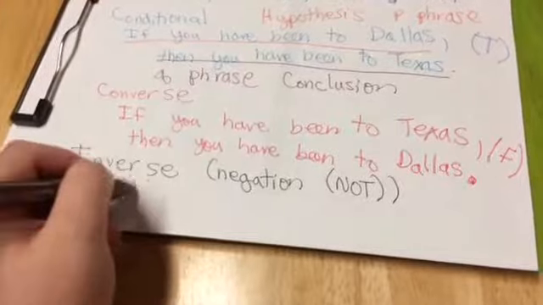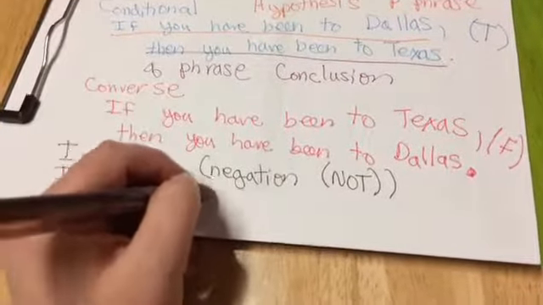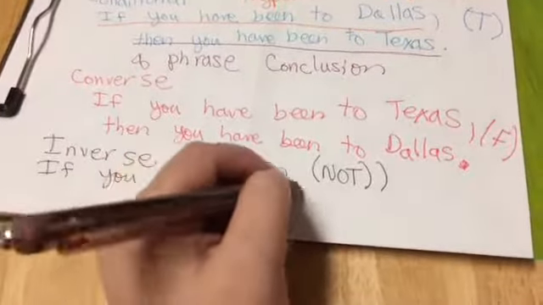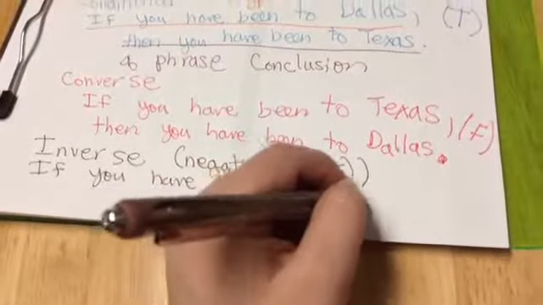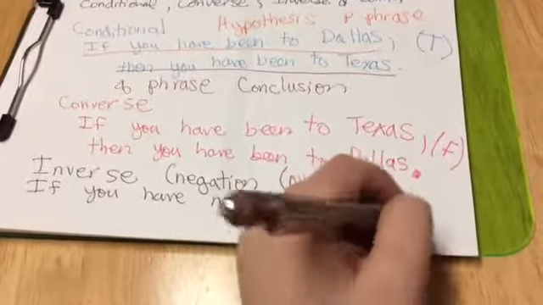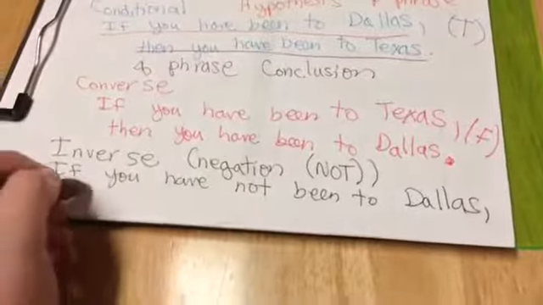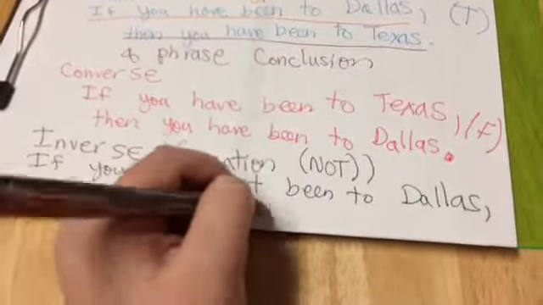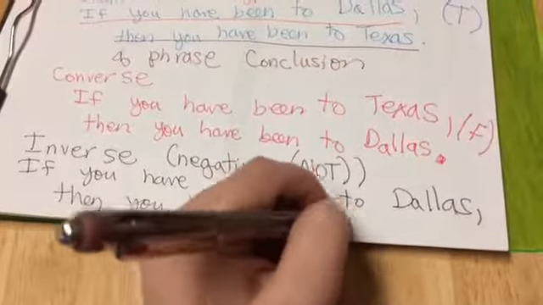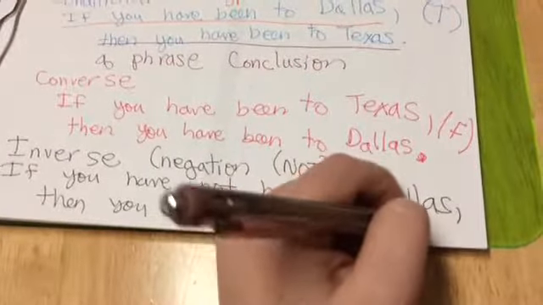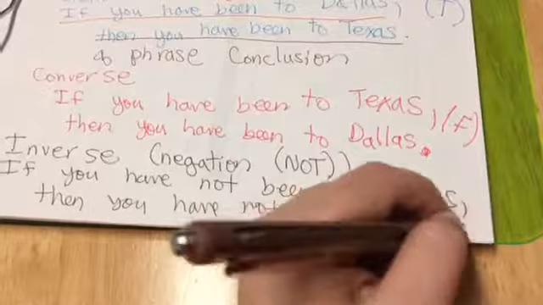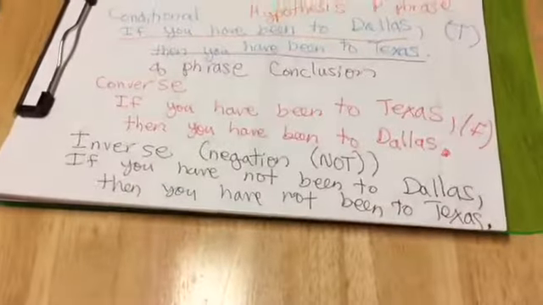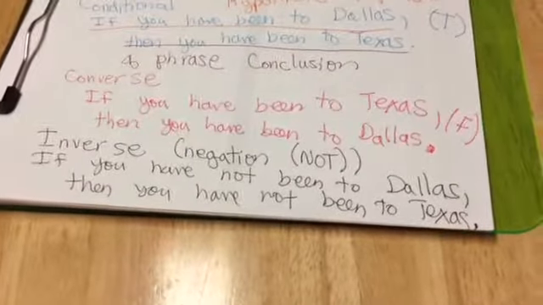So if you have not been to Dallas, comma, then you have not been to Texas. Okay? So if you have not been to Dallas, then you haven't been to Texas.